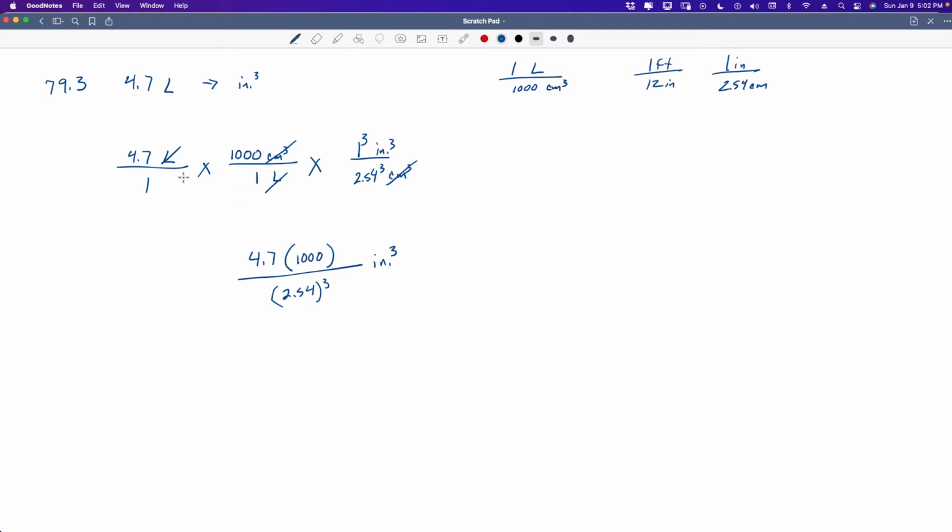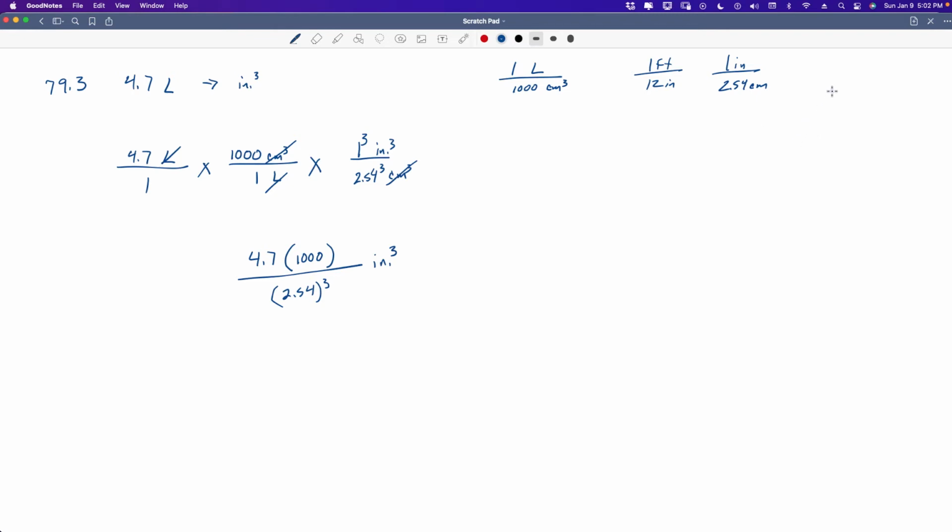So the tricky part is to remember that liters is already centimeters cubed, and to go from here to doing this the right way, and remembering to cube our centimeters and our inches when we make that shift from liters to centimeters. All right, and that is all the conversion in metric volume that we're going to do.